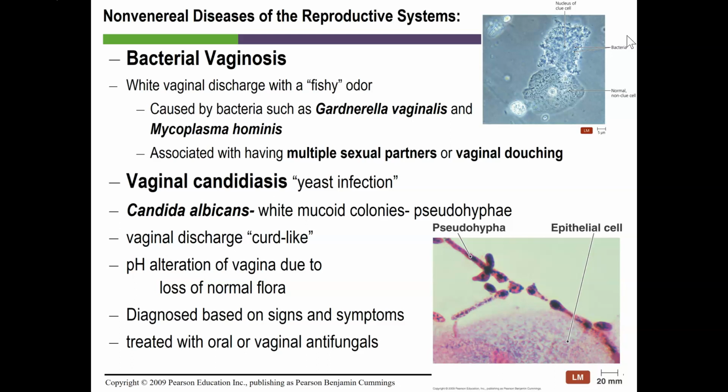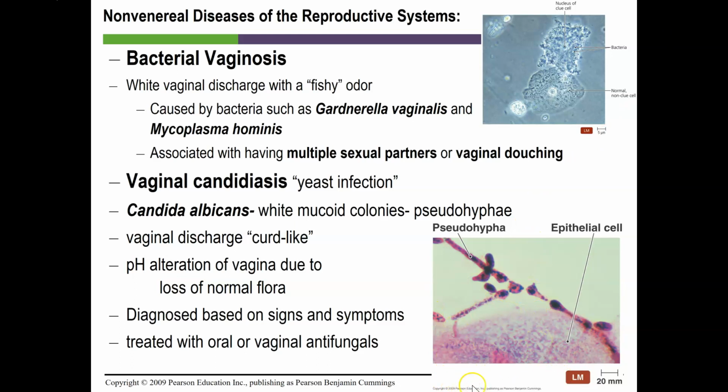The other non-STD that's common is something we've briefly discussed before. Vaginal candidiasis is a yeast infection that we've discussed back in the antimicrobial chapter. The organism that causes it is Candida albicans, and it's this micrograph over here.